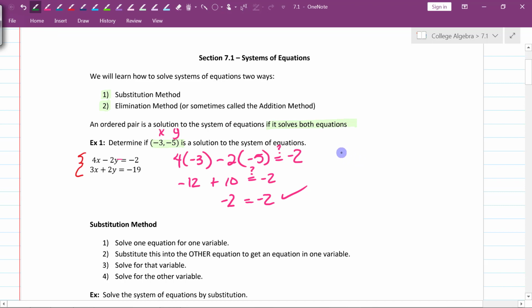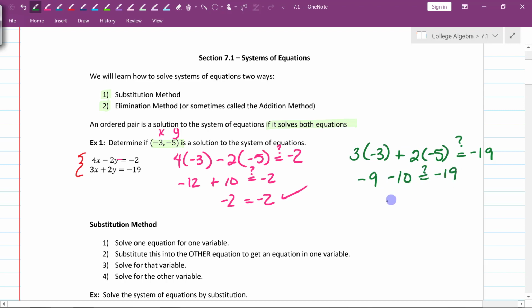So now we're going to take this value and plug it into x here and y into this value right here and see if we end up with a true statement. So 3 times -3 plus 2 times -5. The question is, does that equal -19? Well, 3 times -3 is -9, and 2 times -5 is -10. Does that equal -19?